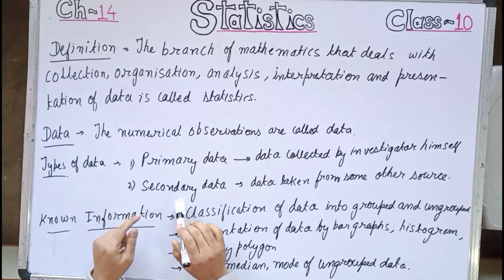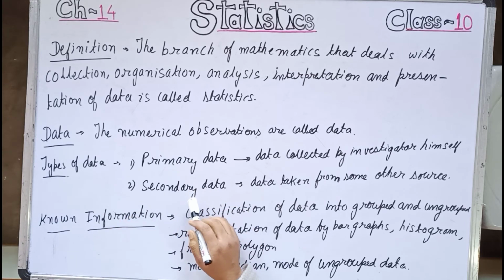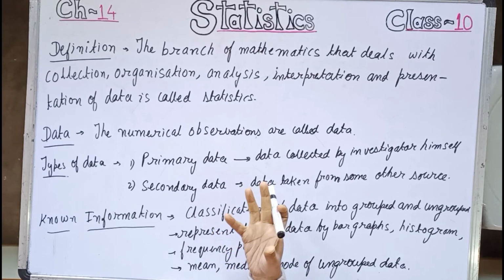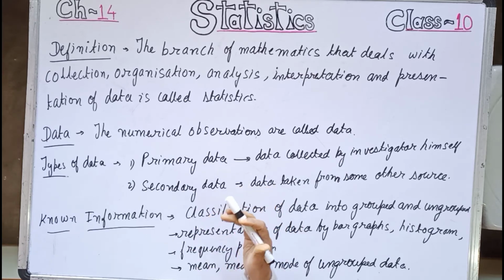Now again I ask that same student or any other student to collect the amount of rainfall in India. Obviously that student will not go to each and every state or each and every place where there is rainfall. He will simply collect the data of the amount of rainfall in different parts of India through some source.